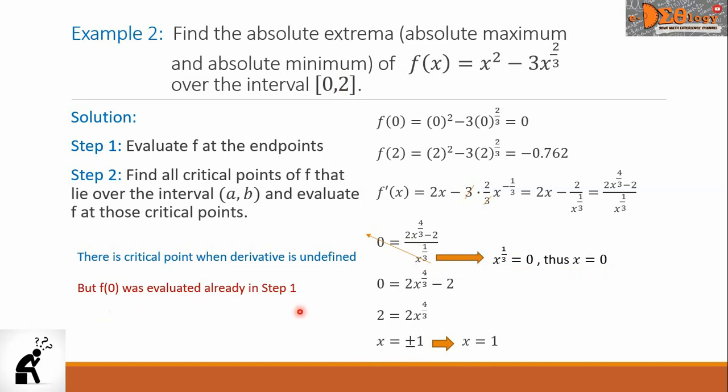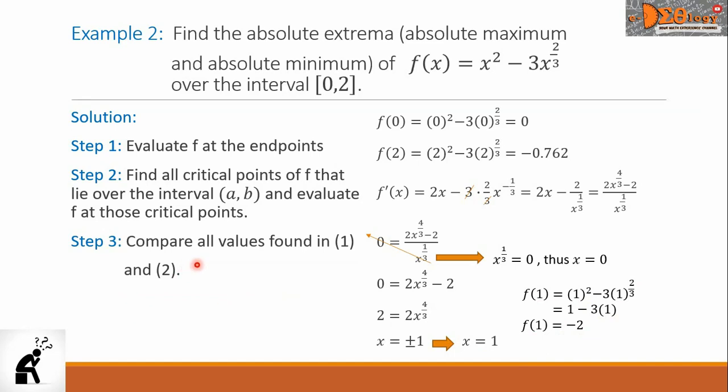It means to say, we will only evaluate the critical point when x equals positive 1. So we have this f of 1 equal to 1 squared minus 3 times 1 raised to 2 over 3. This 1 squared is 1 minus 3 times 1. This 3 times 1 is 3, and 1 minus 3 is simply negative 2. So f of 1 is negative 2.